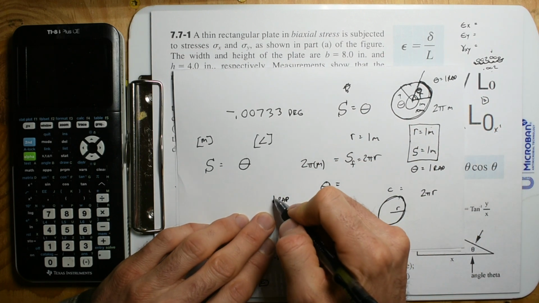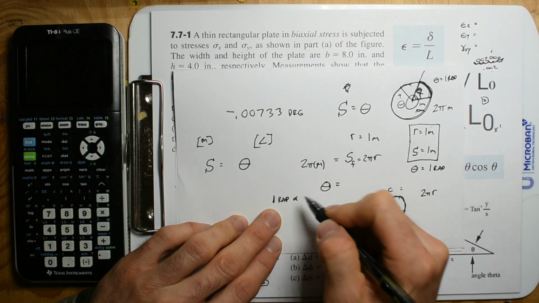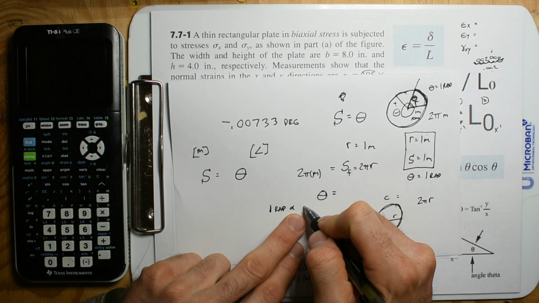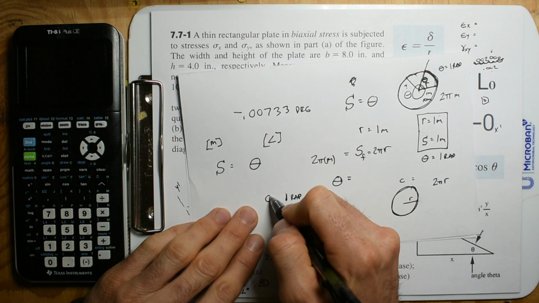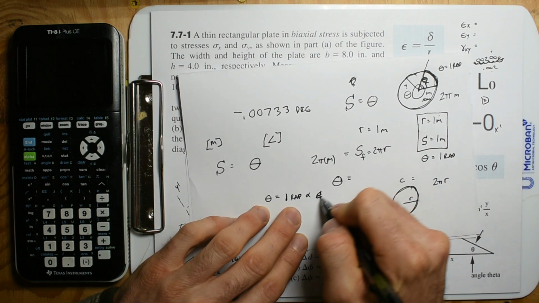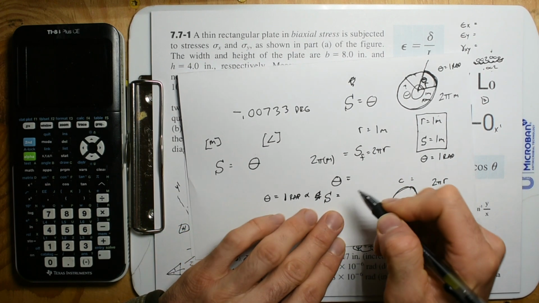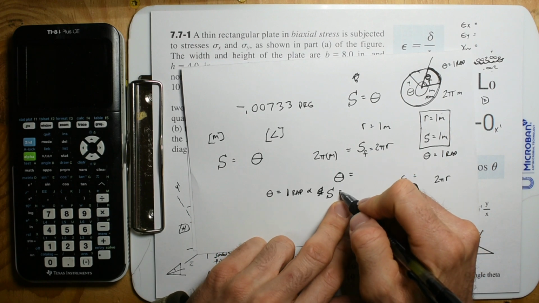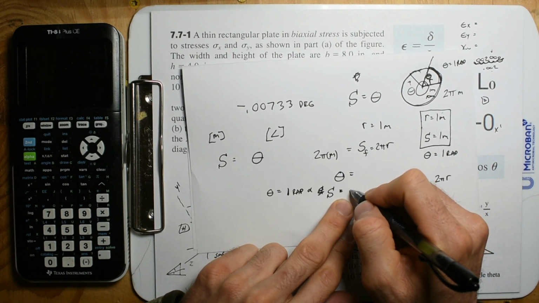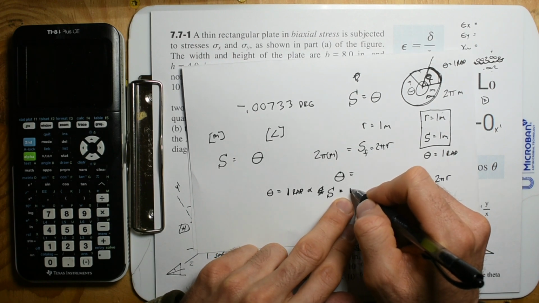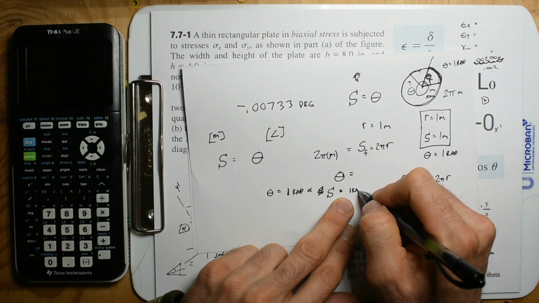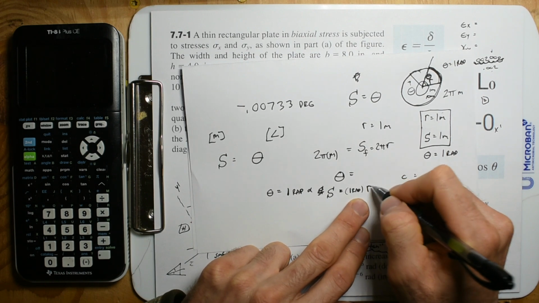So 1 radian is proportional to an arc length of, so if this is the angle 1 radian, then the arc length is going to be 1 radian, that's dimensionless, times radius.